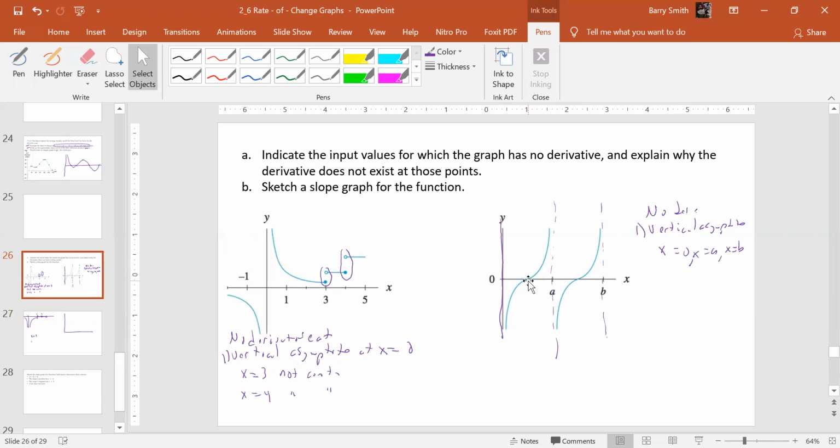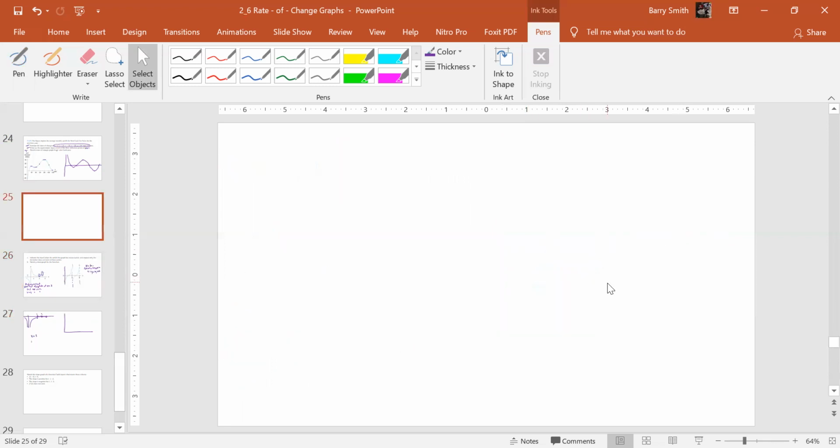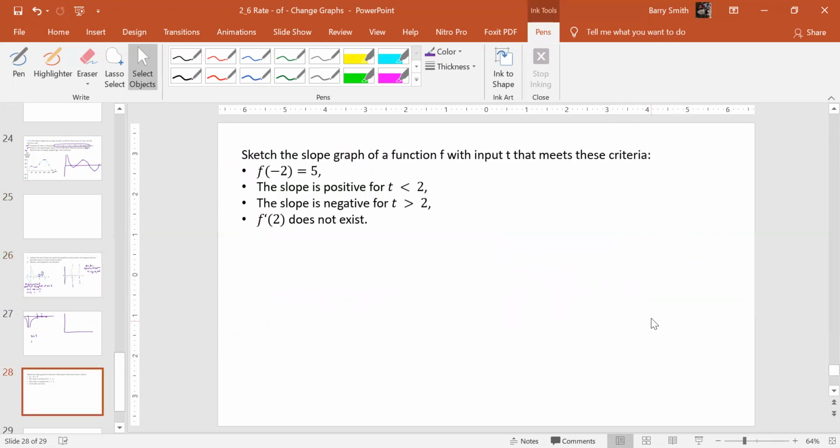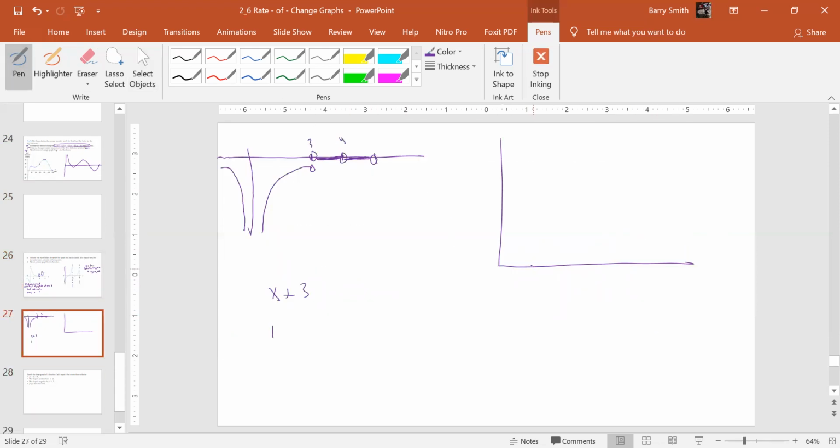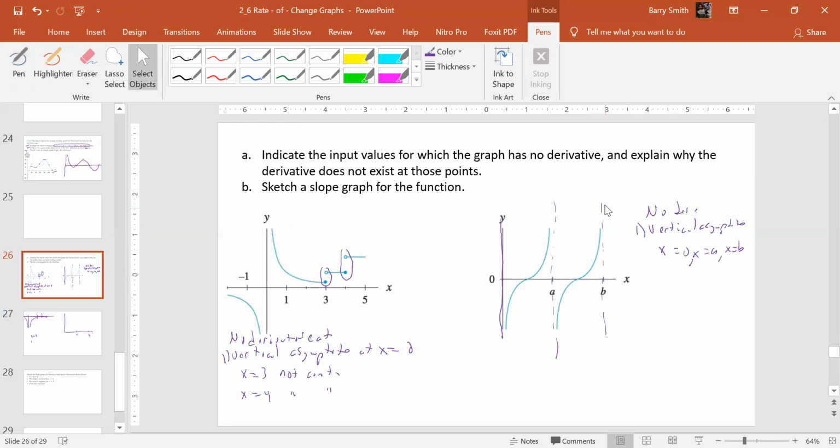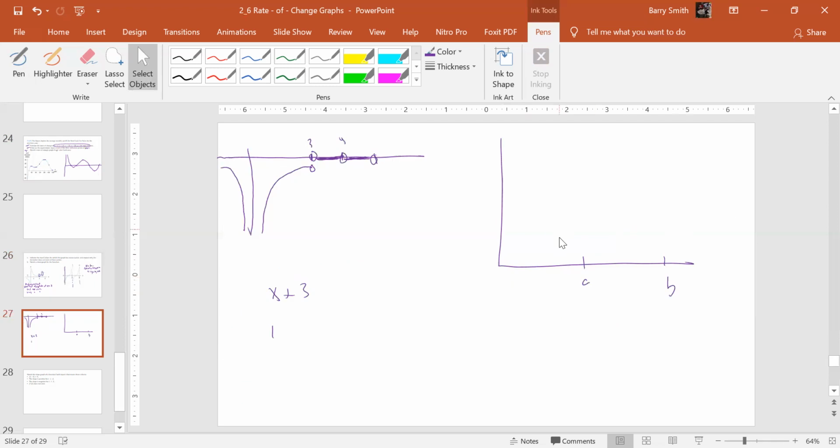We don't, so it's somewhere between A and B. So if we call this A and this B, then we know that we're going to get very steep close to B, we're going to get very steep close to A on both sides, and we're going to have inflection points in between A and B. So we're going to have inflection points there, so that's going to be actually at 0, and that's going to be at 0, and keep that there.